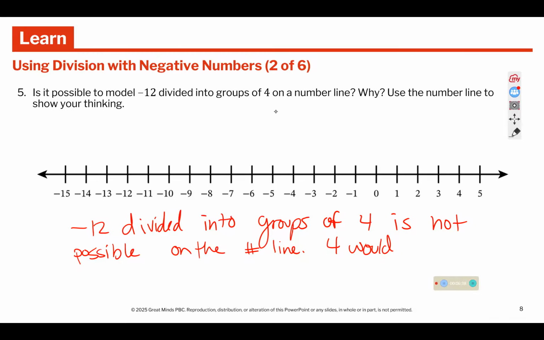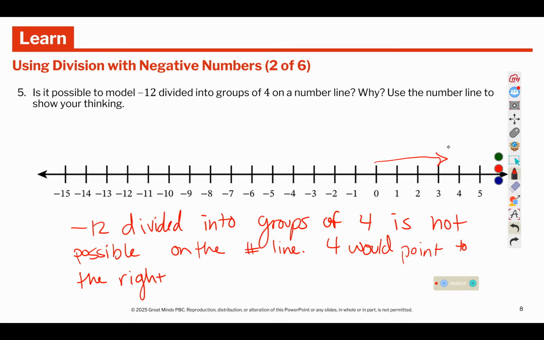If we were trying to do groups of 4, the 4 would point to the right, which would mean we could not end at negative 12 because we'd be pointing towards positive 12.